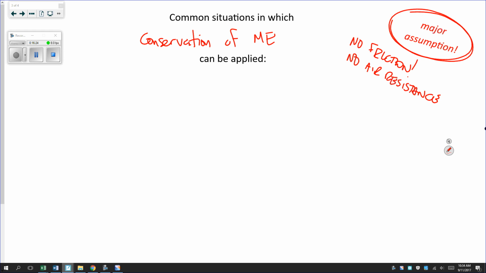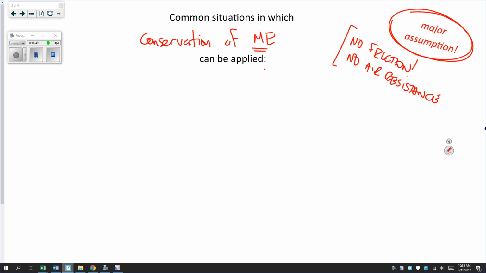The presence of these things still allows total universe energy to be conserved, but not just the simple mechanical-only kind of energy. So the right kind of question will say things like neglect friction and air resistance, or neglect frictional losses, or stuff like that.